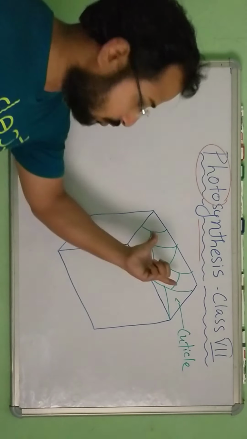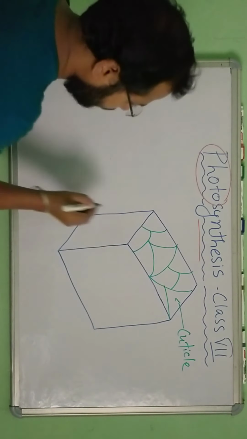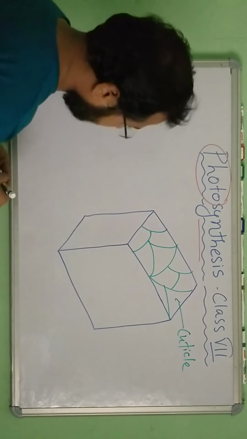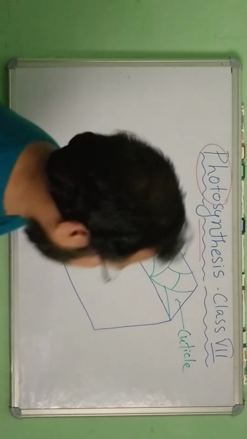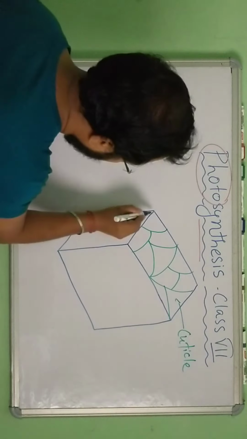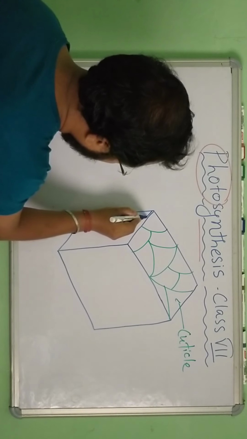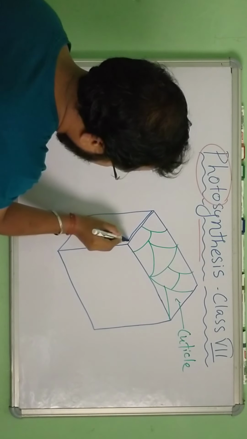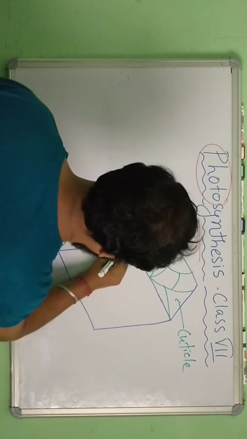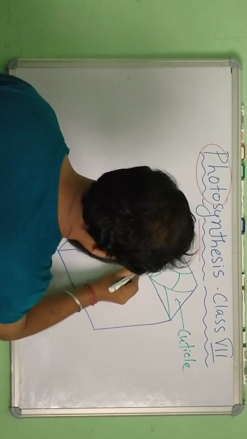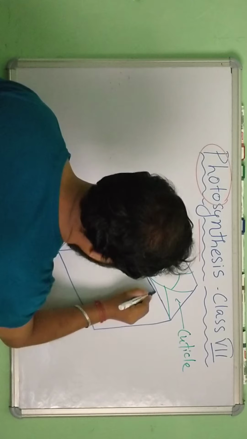This is a cuticular layer, you can say, present on both the surfaces of the leaf, at the upper surface and at the lower surface.